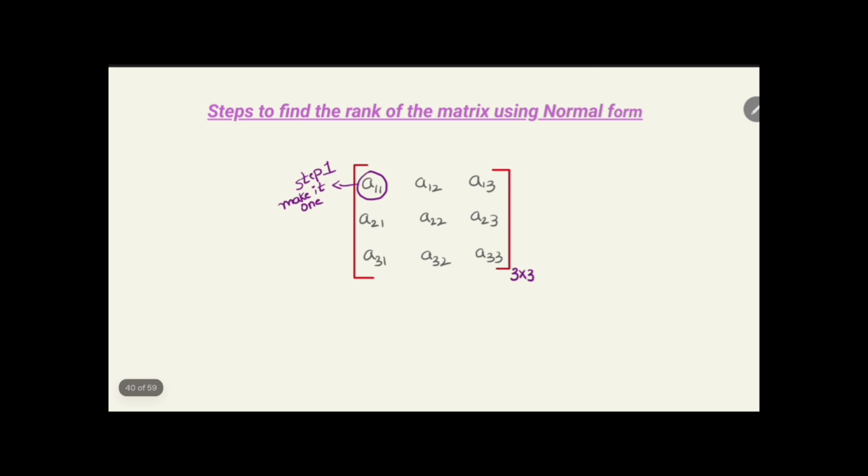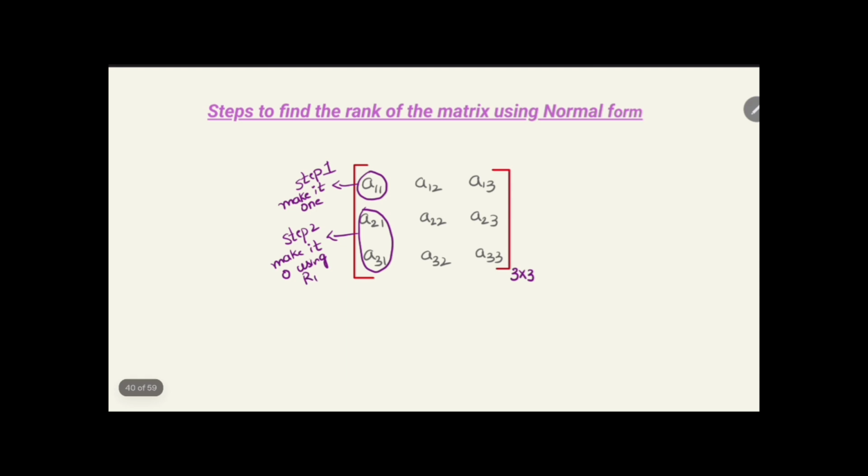Next, immediately after that, we have to make the elements below A11 zero, that is A21 and A31. This is step 2. Make it 0 using R1. We have to make use of the first row in order to make these two elements 0.